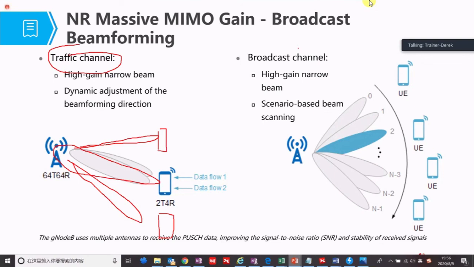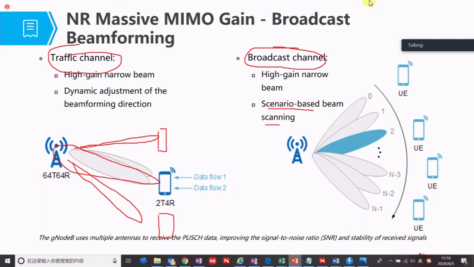And for the broadcast channel, it is based on beam scanning, which means the broadcast beam keeps scanning for the UE.